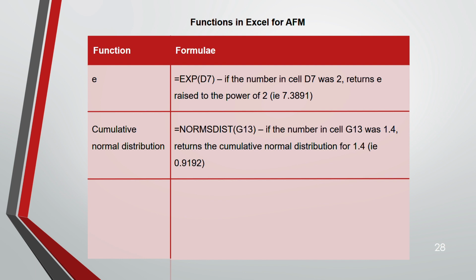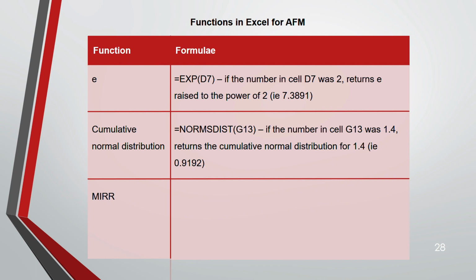So 0.9192. And when you're taking the normal distribution of a number, that number should have 2 decimal places. So 1.4 means, when you see the table, 1.40. First you have to find horizontally, then vertically. It takes a lot of time.